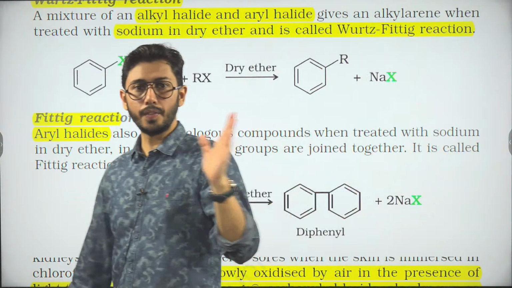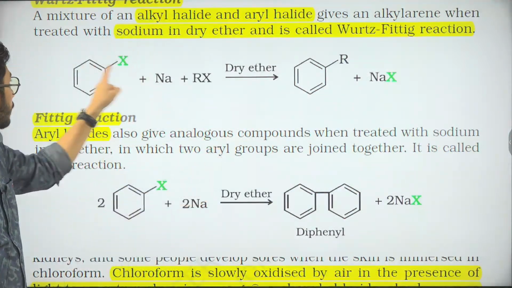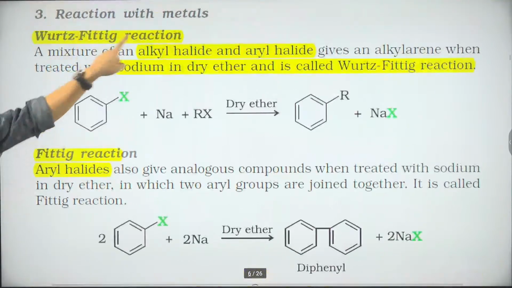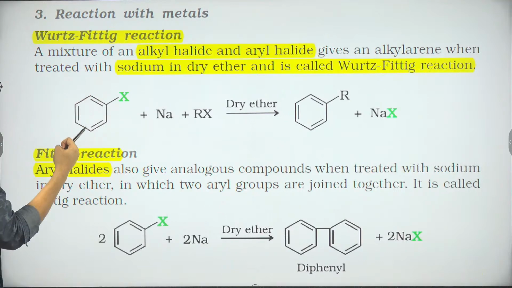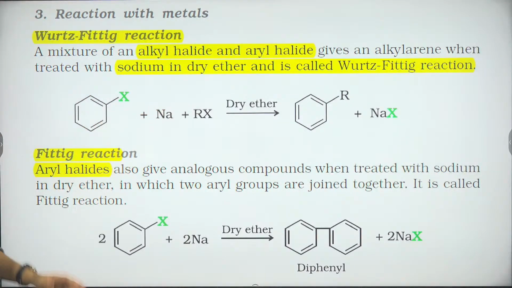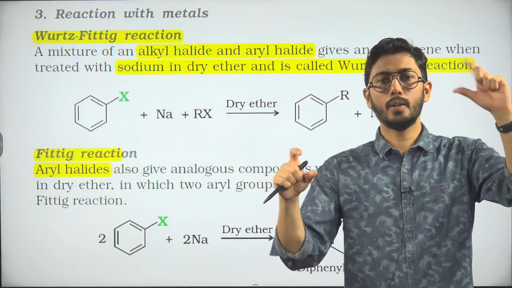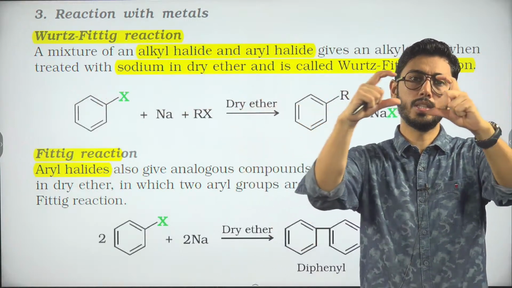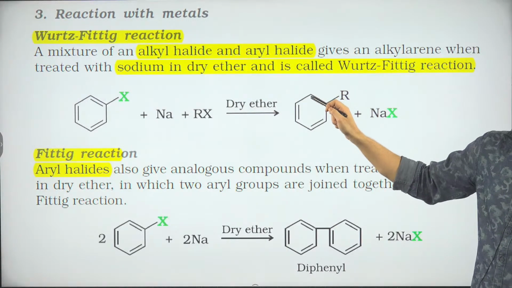Then combining both reactions, that is the Wurtz-Fittig reaction. So you will say in Wurtz, alkyl halide, in Fittig, aryl halide, and again the same metal, sodium, in which solvent? Dry ether. R of the alkyl combines with the benzene of the aryl by a single bond, and alkylbenzene is formed.